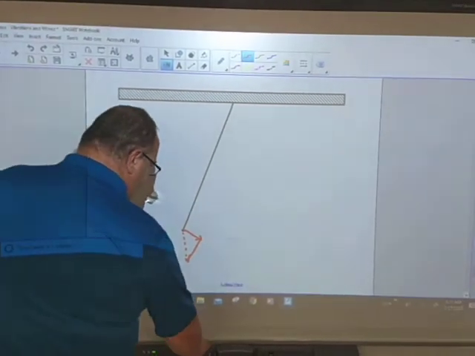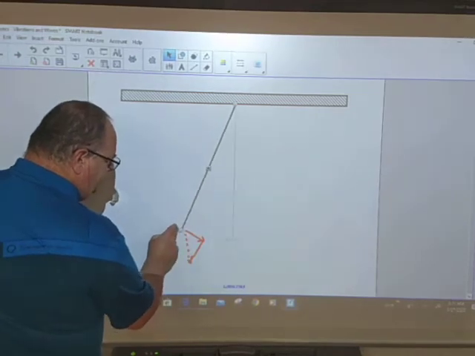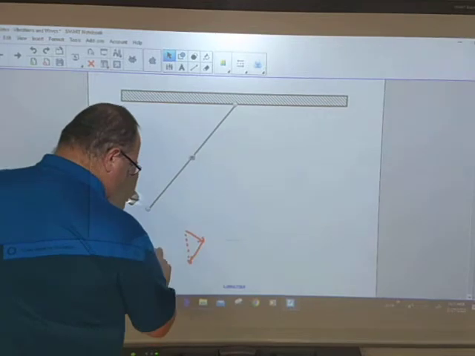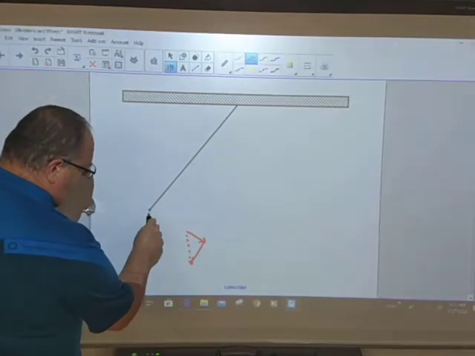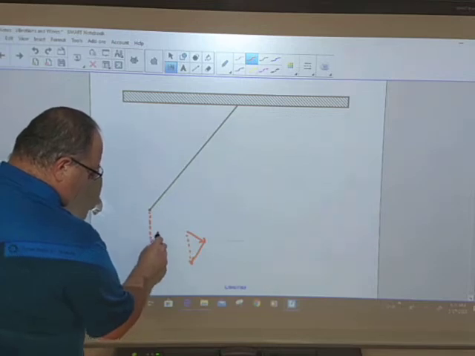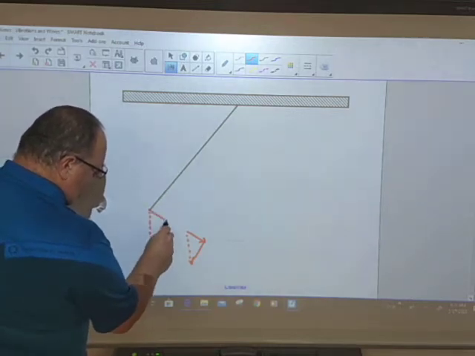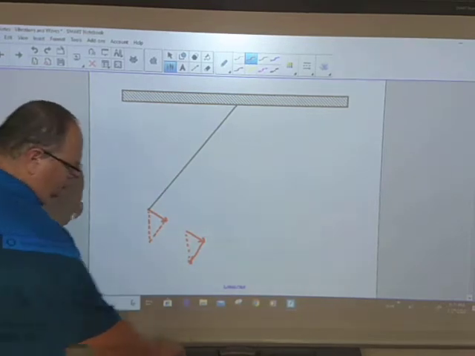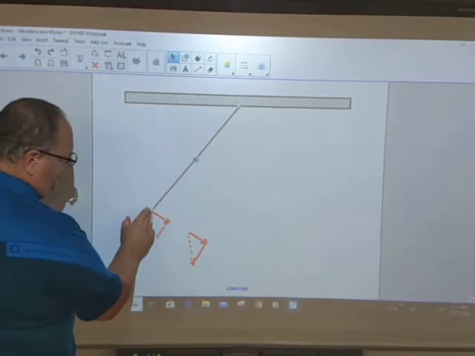Now, what if I took this and swung it out further? Okay, gravity's pulling down. Can you tell that that one should be bigger than that one? What if I had a really small angle?